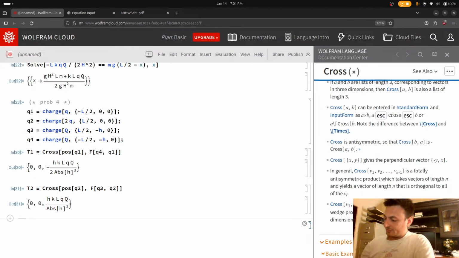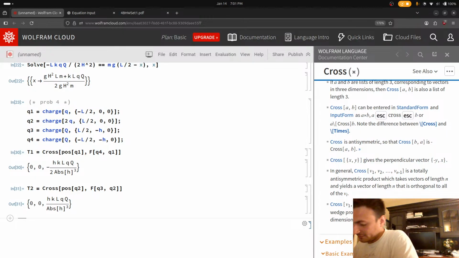All right, so we now showed the torque due to the normal force is 0. Now we need F_E right and F_E left.